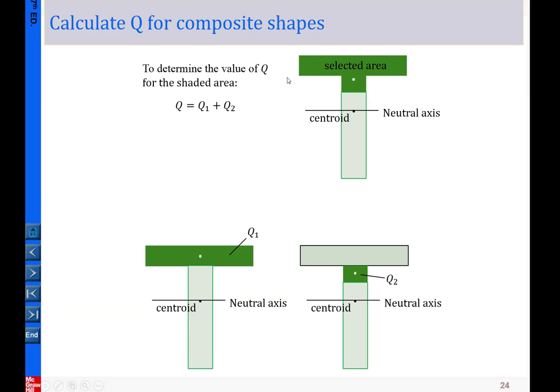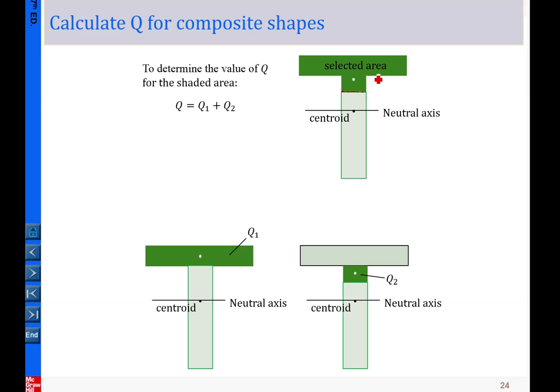So, for example, if we are interested in determining the shear stress at this level, okay, then here you have two options. If you choose option 1, which means you choose the shaded area above this level, you come up with this kind of short T shape.